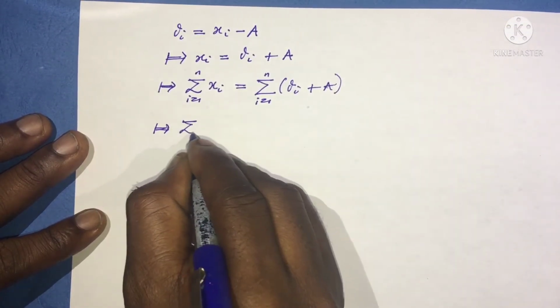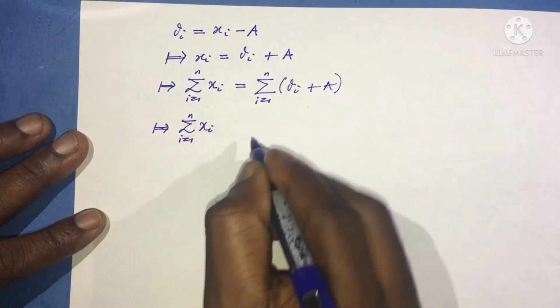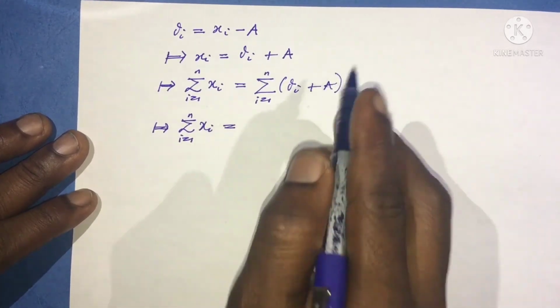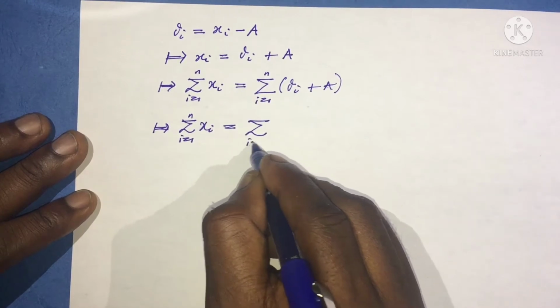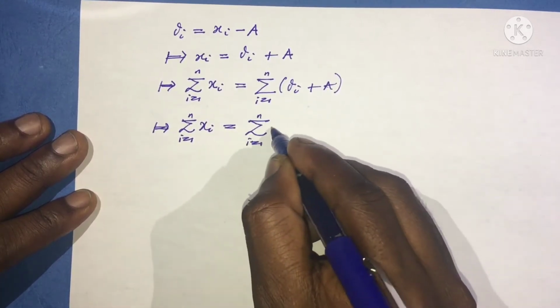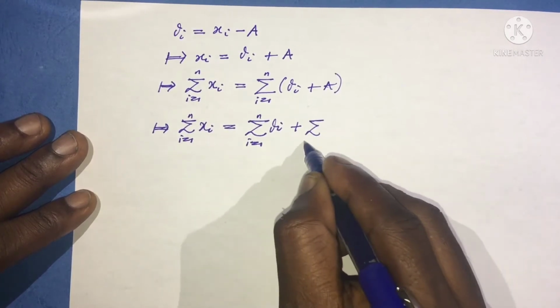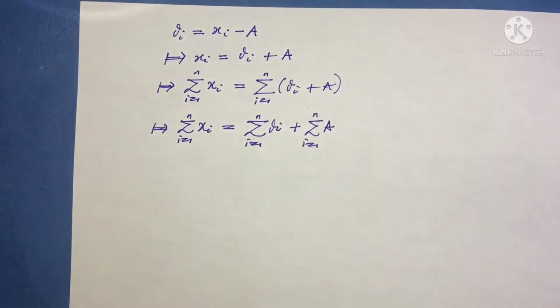This would mean I have summation from i equals 1 to n of xi equals, summation going into this bracket, summation from i equals 1 to n of di plus summation from i equals 1 to n of my a's.